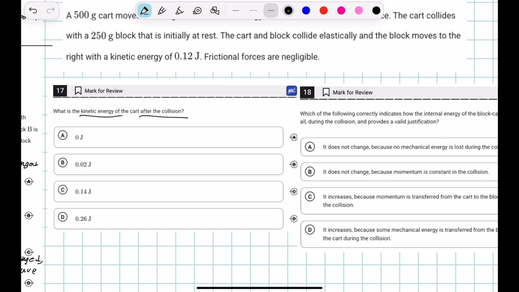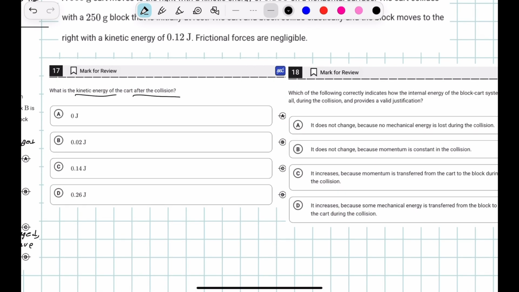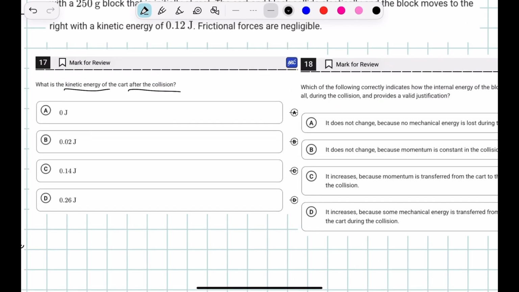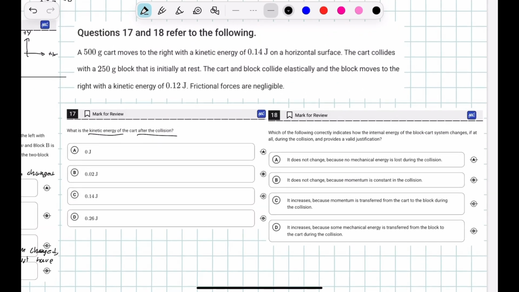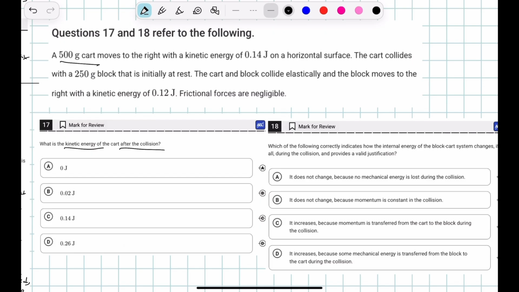And we're asked, what is the kinetic energy of the cart after the collision? Okay, we can say C for cart, and B for block. So the cart mass MC is 500 grams, which is 0.50 kilograms. And the block MB is 0.25 kilograms.